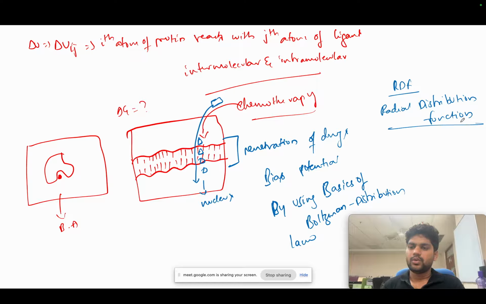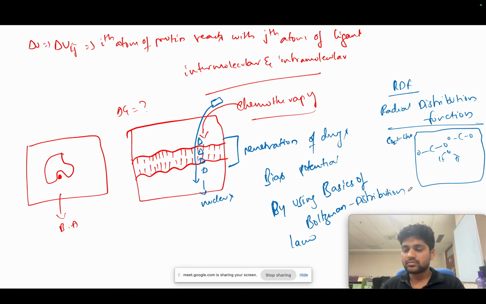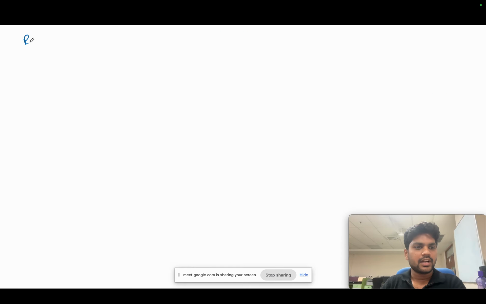Suppose you have a box and you have two components, say CO2 plus water molecules. Now if I want to calculate the RDF, I want to find out O of CO2 with respect to H of water.